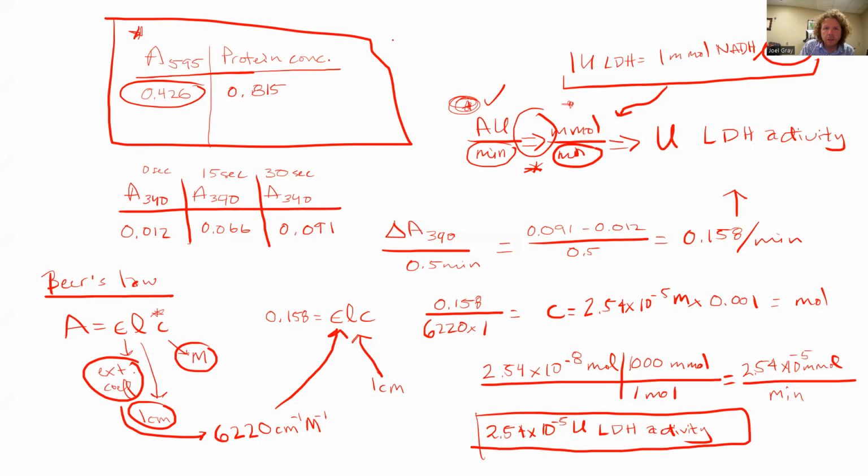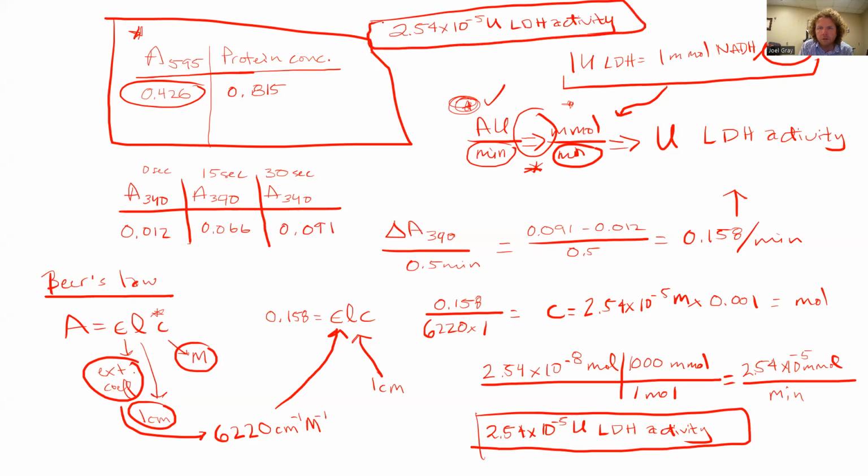What I'm going to do is move that up here. 2.54 times 10 to the negative fifth units of LDH activity. I'm going to move that to the top because this is a number that I'm going to revisit.